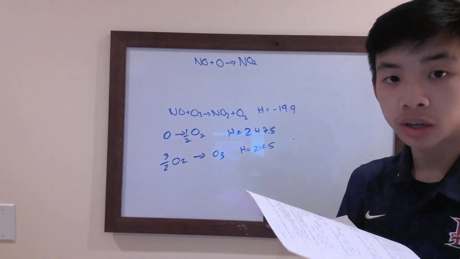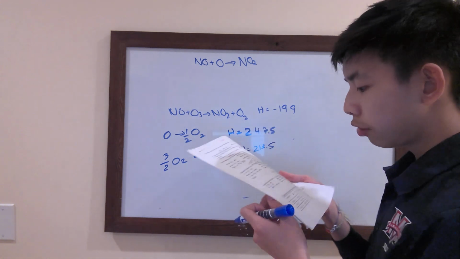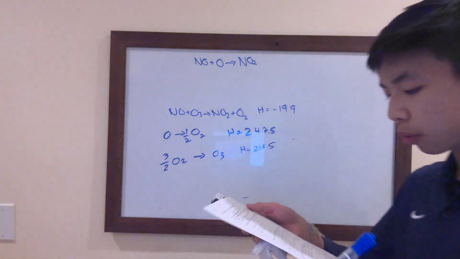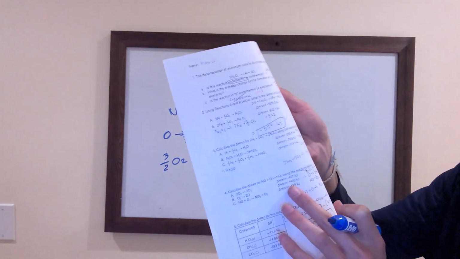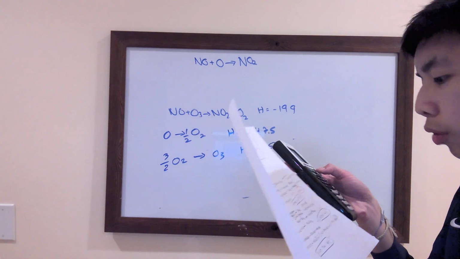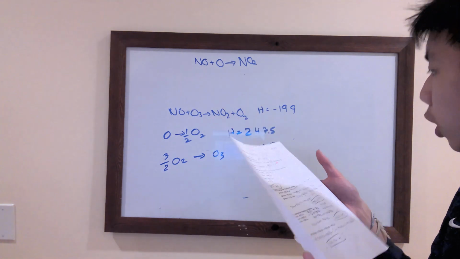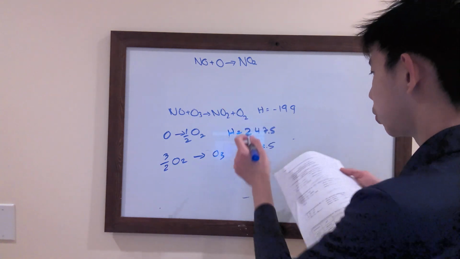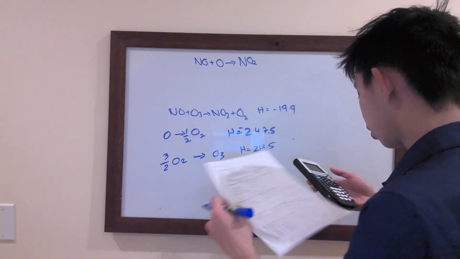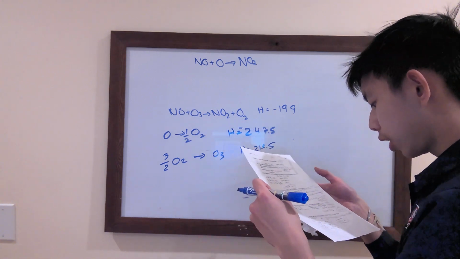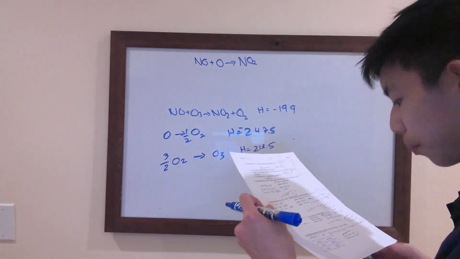Oh, I made a mistake. For B, I think I wrote this wrong as well. Oh yeah, I just wrote it wrong. This should be negative 247.5. Okay, cool. Now you just add them all together.